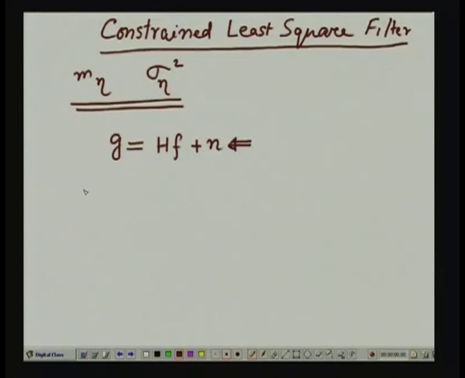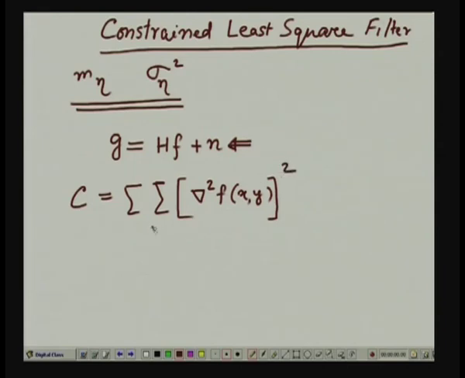So, our optimality criterion in this particular case is given by C equal to the double summation of del square f(x, y) squared, where y varies from 0 to capital N minus 1 and x varies from 0 to capital M minus 1.